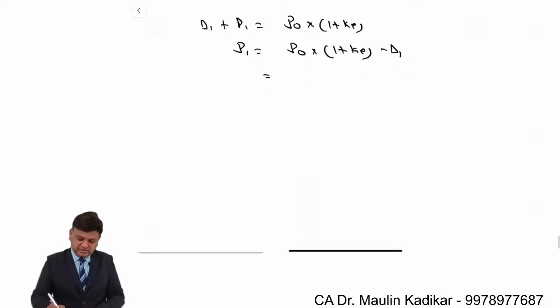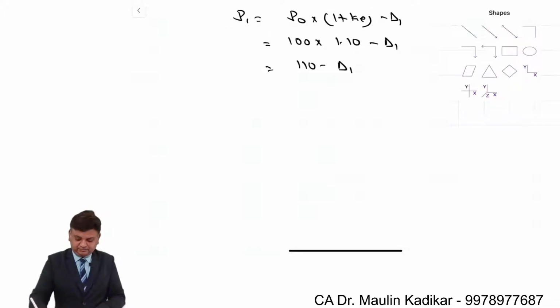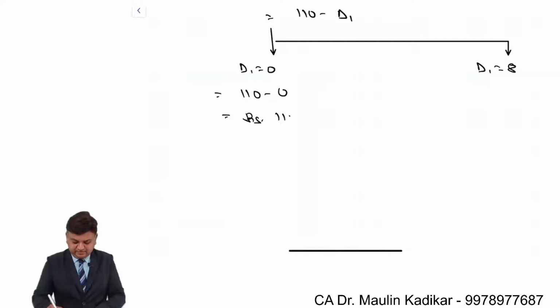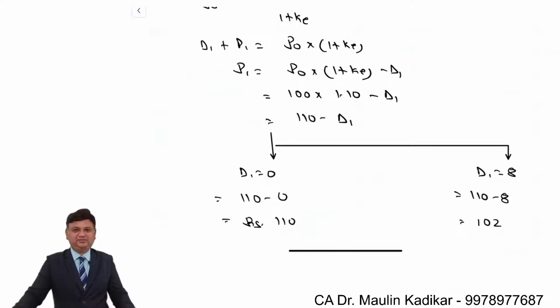What is P0? It is 100 rupees. What is K? 10%. Minus D1. 110 minus D1. We have been provided with 2 dividends per share. In the first case, the dividend is 0. In the second case, dividend is 8. 110 minus 0 is 110, and 110 minus 8, that is 102. This is the way the P1 can be found.